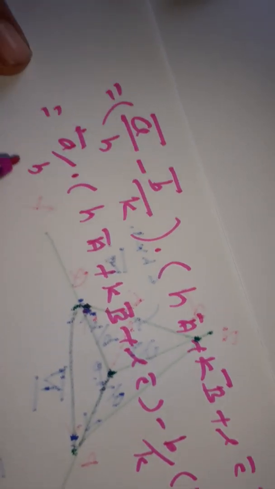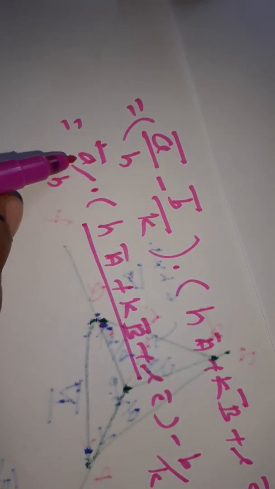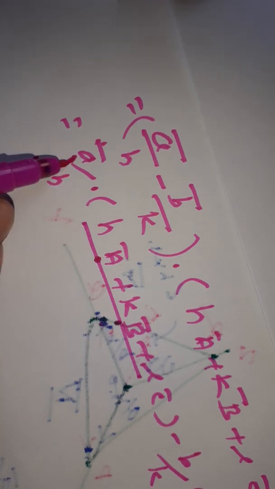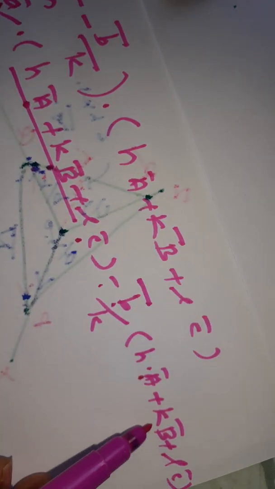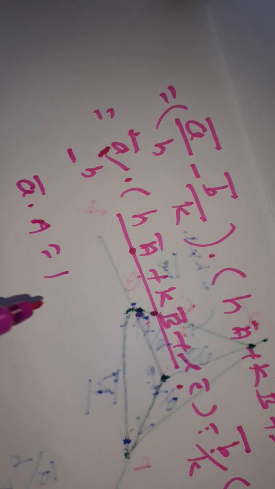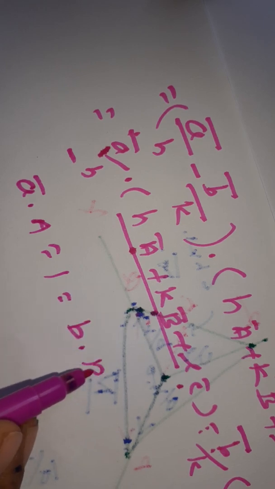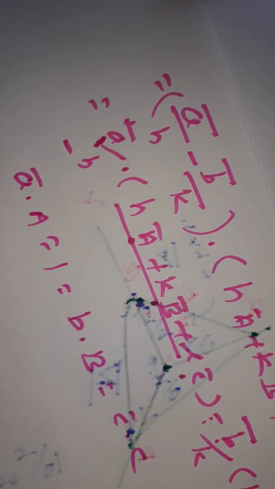So multiplying inside gives every term: A dot A, A dot B, A dot C, B dot A, B dot B, B dot C. We know one relation: A bar dot A bar is equal to 1, equal to B bar dot B bar, equal to C bar dot C bar. But A bar dot B bar is equal to 0. Similarly, the other values will be 0.